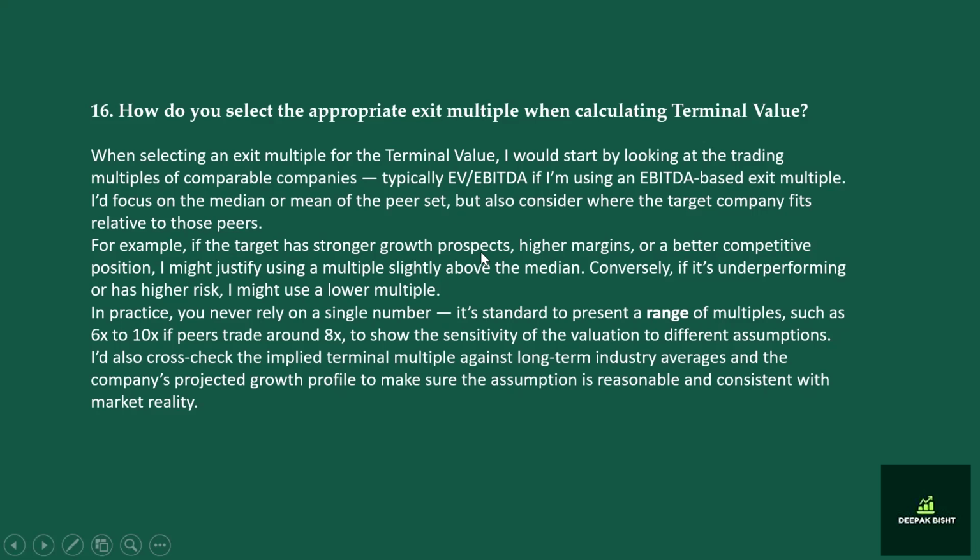The second step is choosing the baseline multiples, medians and means. Medians are preferred as they reduce the impact of extremely high or low multiples, and the mean can sometimes be used but can distort outliers.